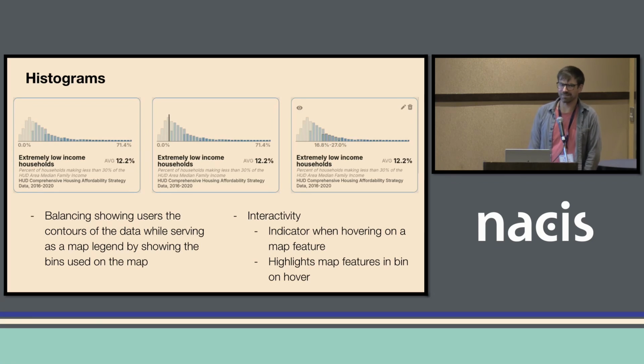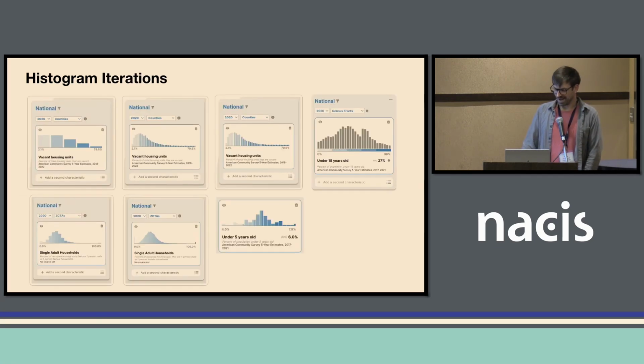But the map classes never lined up with the bars themselves. We went through a number of iterations trying to find a nice way to do this. We're happy with this split bar effect, but we have a couple other ways we tried to do this, each of which have their trade-offs.